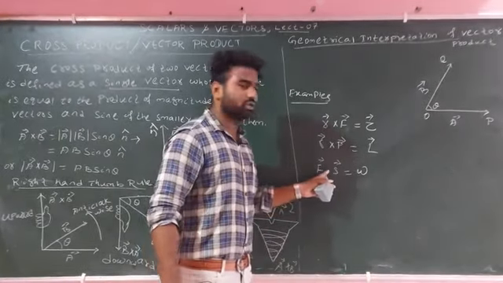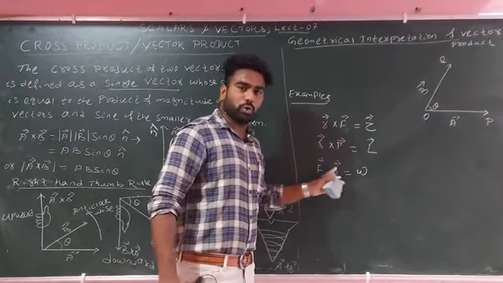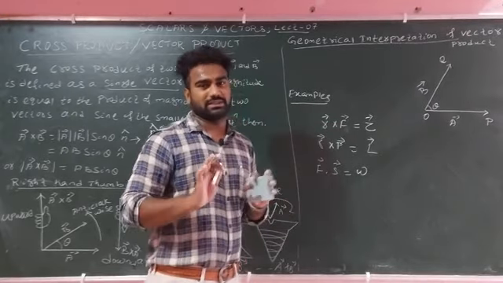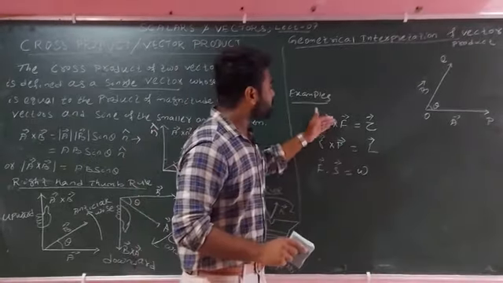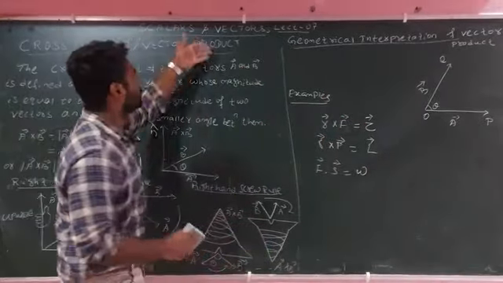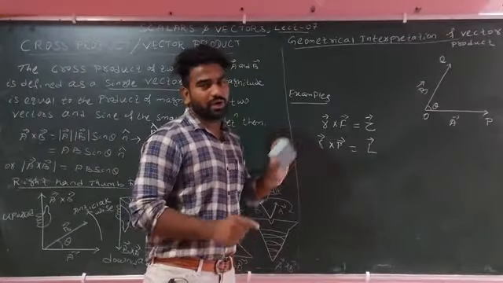So the dot product is also known as the scalar product because the dot product of two vectors gives a scalar quantity, but the cross product of two vectors gives a vector quantity. So the cross product is also known as the vector product. These are the examples of the vector product.